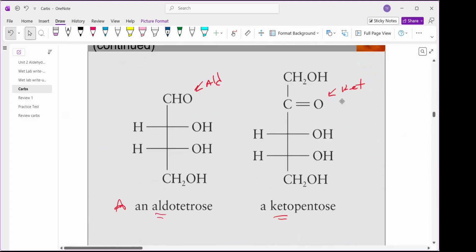For example, here on the left, we have a 4 carbon backbone, so it's going to be a tetrose, and it's got an aldehyde in it, so it's an aldotetrose. The one on the right, again, 5 carbon backbone, only this time it's got a ketone instead of an aldehyde, so it's a ketopentose.